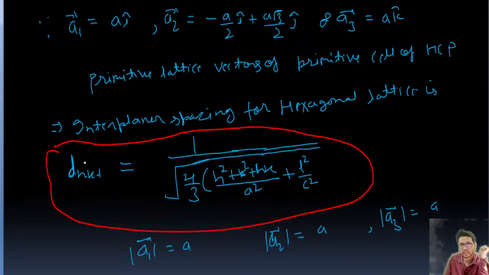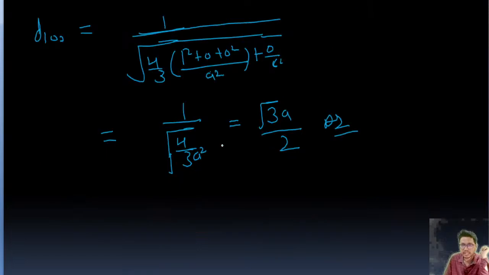For a hexagonal lattice, d_hkl is the interplanar spacing, and the formula is this. As an example, for simple cubic we know d_hkl, where hkl are Miller indices, given as 100 in this question, is a upon root of h square plus k square plus l square.